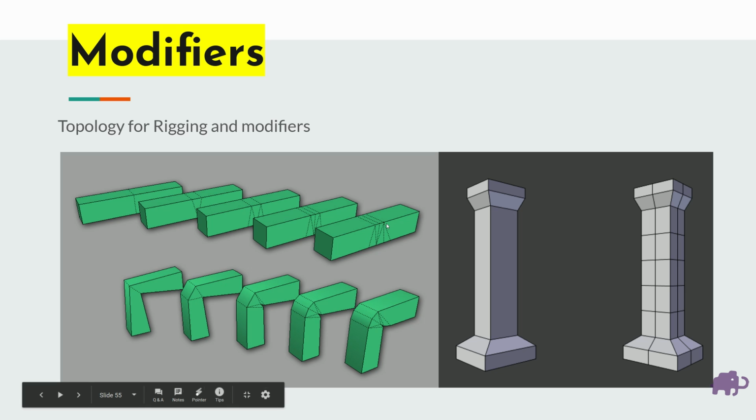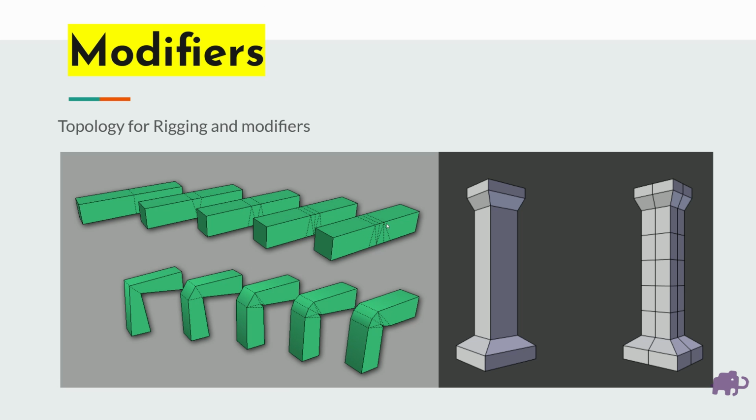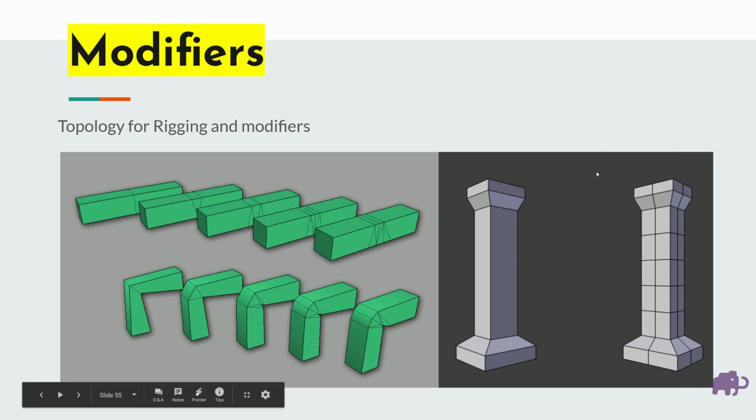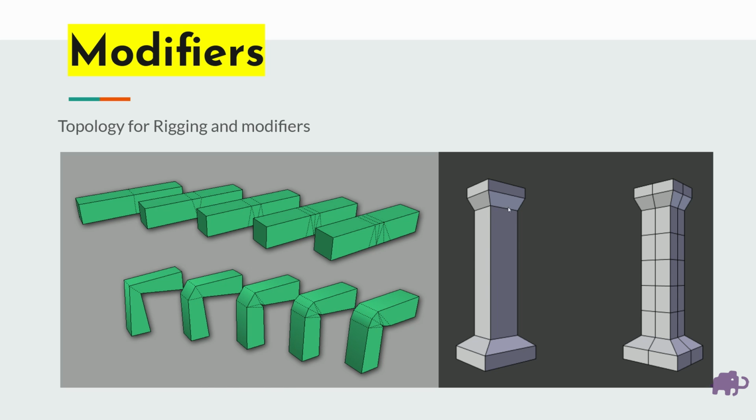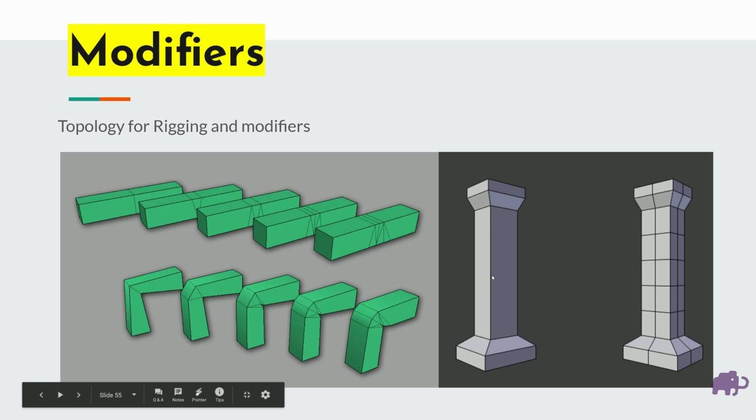Or if we're making an arm and the arm is bending, sort of like Bender's arm in Futurama, we would want it to be more like the thing on the right than the thing on the left, because this doesn't bend that well because it's one giant board. This bends better because we have more information and it can interpolate between them.